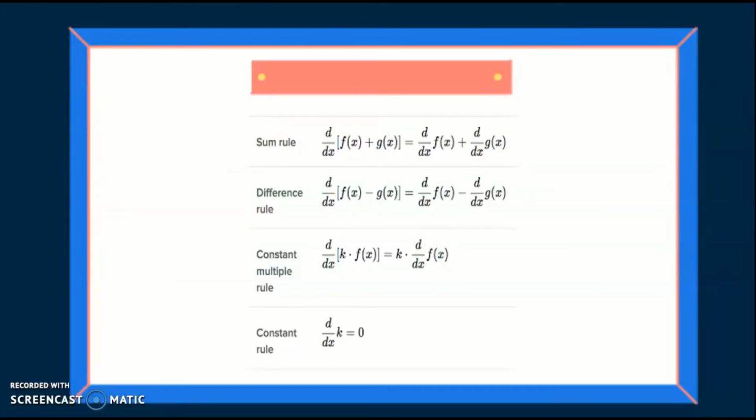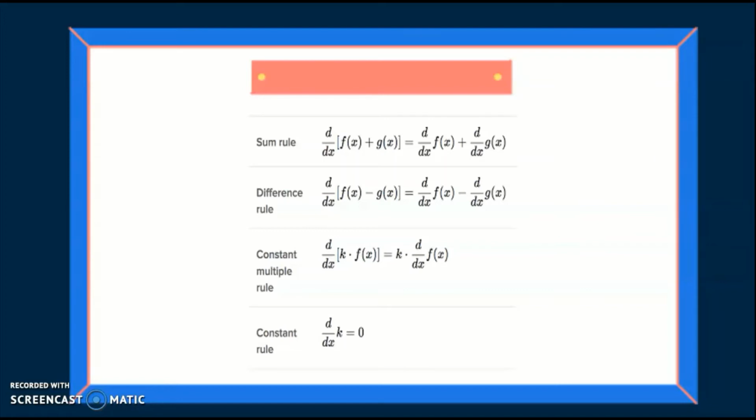Okay, next, these are the core rules of differentiation. First rule is the sum rule, which is d/dx f(x) plus d/dx g(x). Second is the difference rule, which is d/dx f(x) minus d/dx g(x).